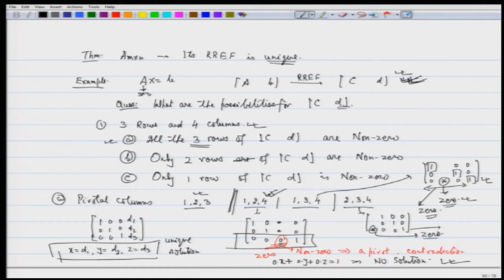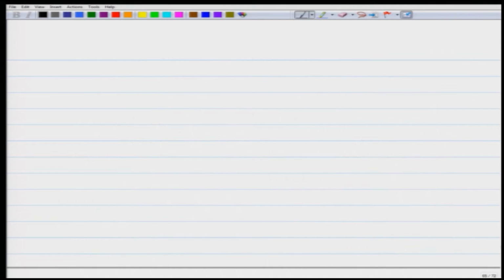Now, let us look at what happens in cases B and C. So, case B is where we have only 2 rows which are non-zero. So, there are only 2 pivots. Now case B: only 2 rows of CD are non-zero.